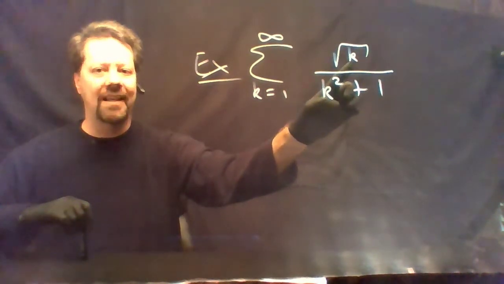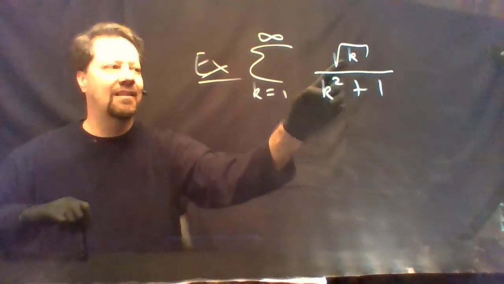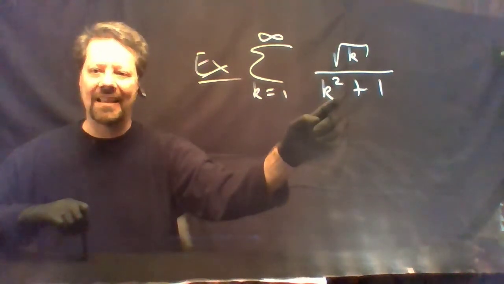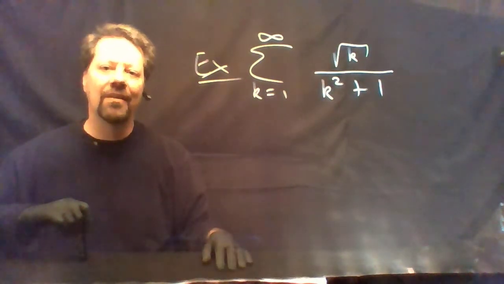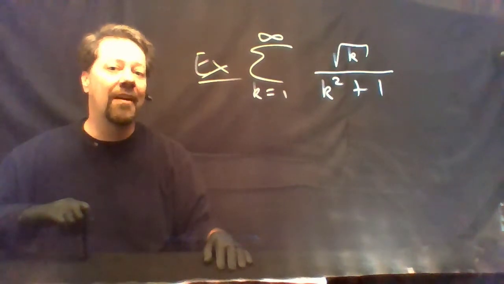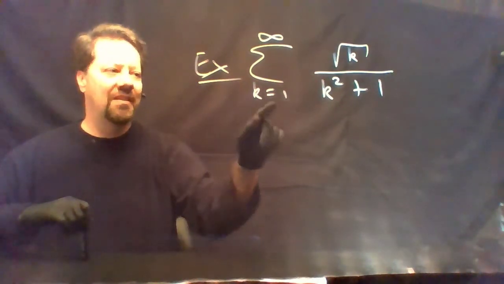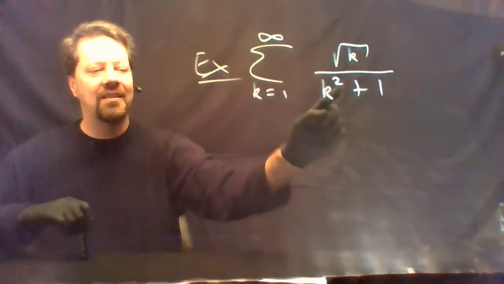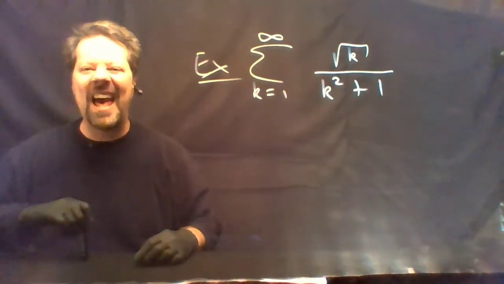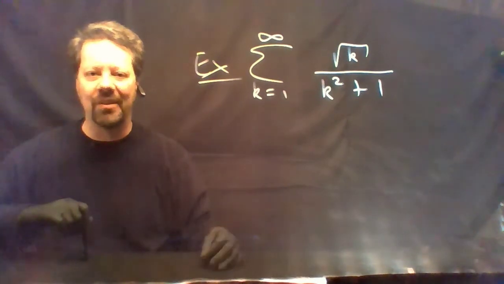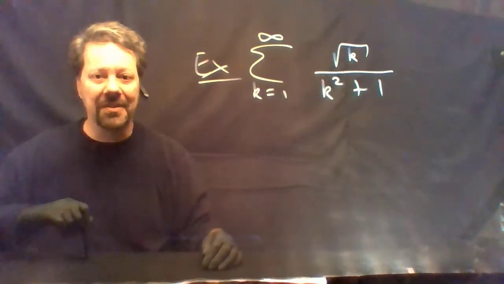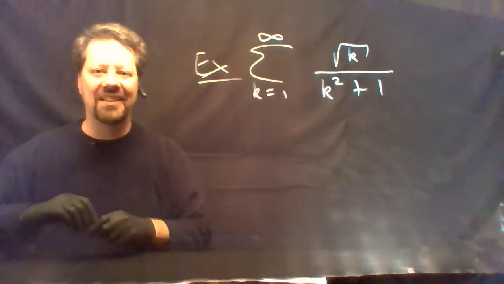The square root of k is k to the 1/2. K to the 1/2 divided by k squared, that's 1 over k to the power of 3/2, 2 minus 1/2. This looks like a p series with p equal to 3/2. That's bigger than 1. This converges. We just need to prove it.